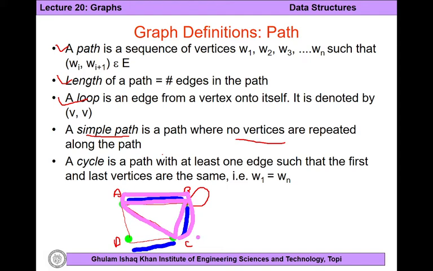So here these vertices A, B, C are repeated. So this pink path is a path, fine, but it's not a simple path because the vertices are getting repeated on its way, right? Okay, that's done as well.